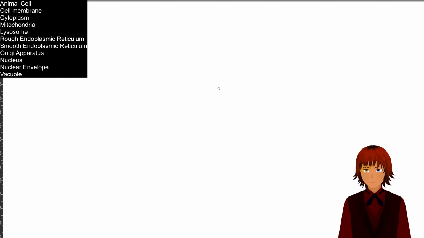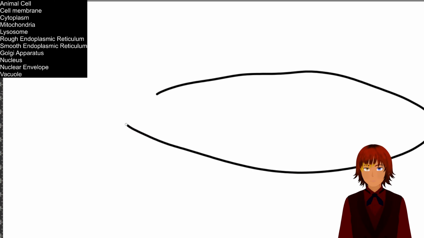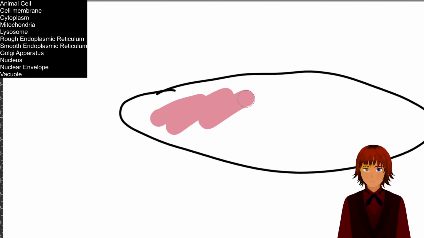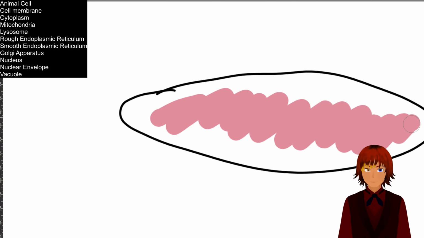So, let's go over a few more of the organelles. Within your cell, you're going to have this jelly-like substance called the cytoplasm. The cytoplasm is typically transparent, mostly because it contains a lot of water and nutrients.